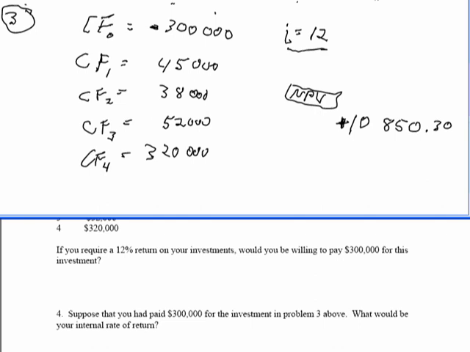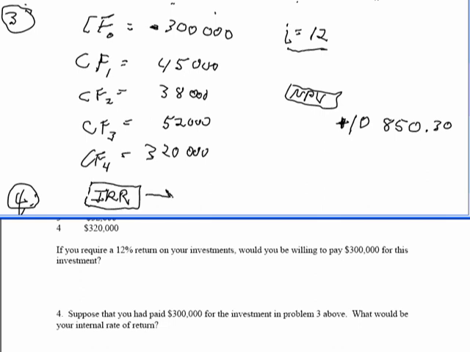And this is pretty easy on our calculators because we already have the cash flows in the menu, so don't clear anything. Don't clear your cash flows. It's all set up for us already. All we need to do now is compute IRR, and that will give us our actual return, the internal return on this investment.